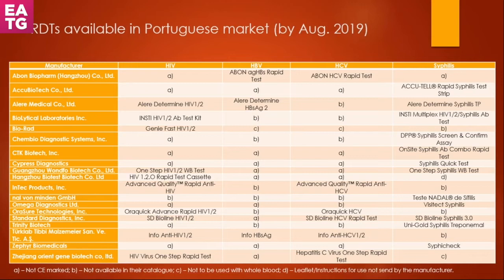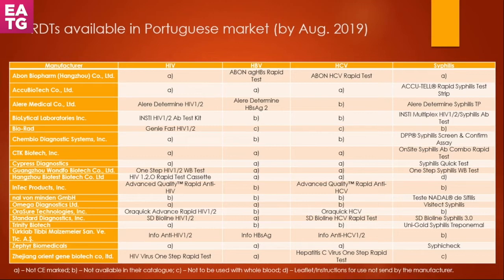By August of 2019, the RDTs available in the Portuguese market are the ones listed in the table. When you see A, it means they do not have CE marking, so we cannot use them. If you see B, it means that it's not available in their catalog. So some manufacturers have tests for HIV and not for viral hepatitis. Others have for HIV and viral hepatitis and not syphilis.